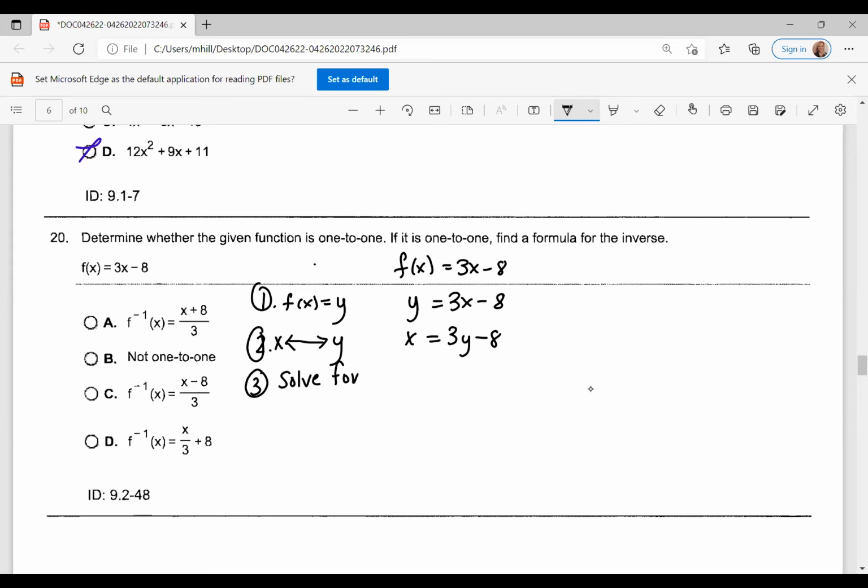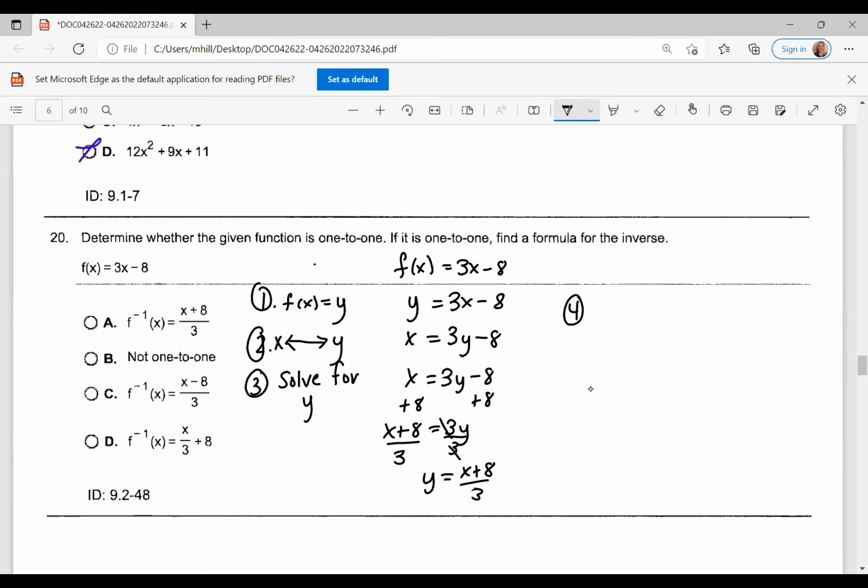Solve for y. So we want to get it to say y equals. We're going to add 8. So x plus 8 is equal to 3y. Divide everything by 3, and these 3's would cancel out, and we would get y is equal to x plus 8 over 3. I just like to write the y in front.